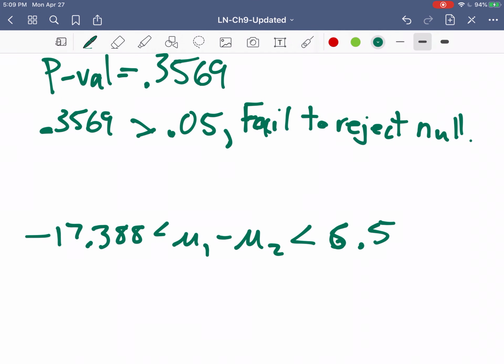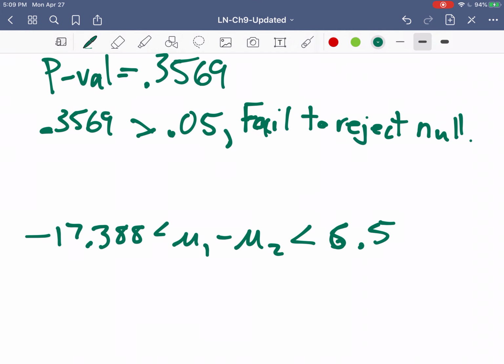When I say that, I'm not saying that we have evidence that it's for sure true. What I mean is we don't have evidence that it's not true. It is possible. It is living in that confidence interval. So that is just as possible as any of these other values. And so a difference of 6 is also possible.